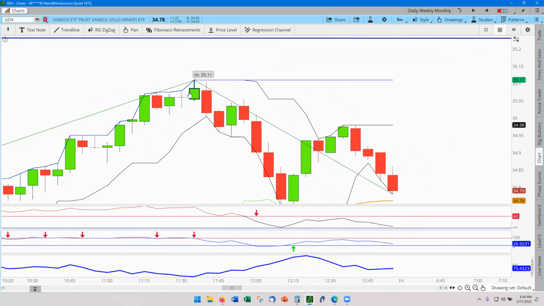Then I come over here and look, I have this red candle. Now look, the close was lower than the previous candle. That is your exit. So the rule for the 200% ROI is to go down to the 5-minute chart and start looking for the opportunity of taking that money off the table.